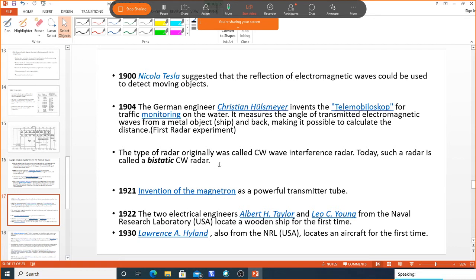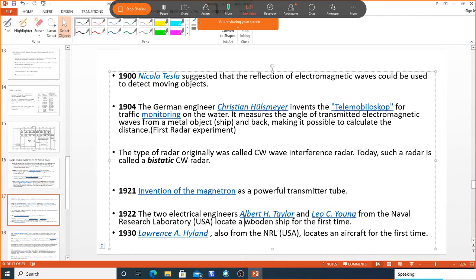Now after that, the invention of the magnetron happened in 1921, a powerful transmitter tube which can generate high power in terms of megawatts. After this invention, they tried to design the radar with a pulsed signal. In 1922, two electrical engineers, Taylor and Young, at the Naval Research Laboratory in the USA, located a wooden ship for the first time.